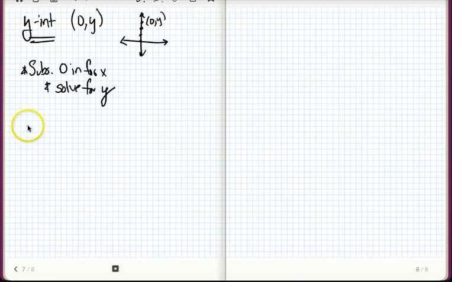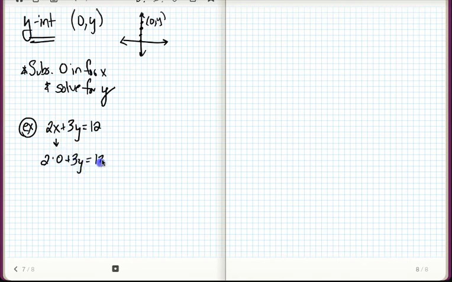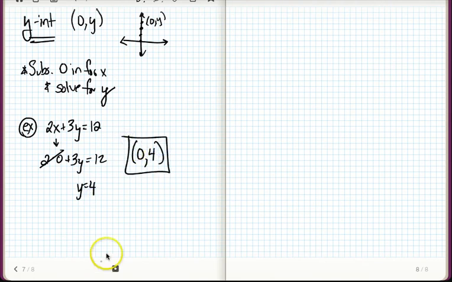So let's go ahead and do that. I'm going to substitute a 0 in for x. That drops out. 3 times what number equals 12? That's 4. So again, when I have put in a 0 for x, I get 4 for y, and that's my y-intercept. Let's go ahead and graph these 2 points and see what our line happens to look like.